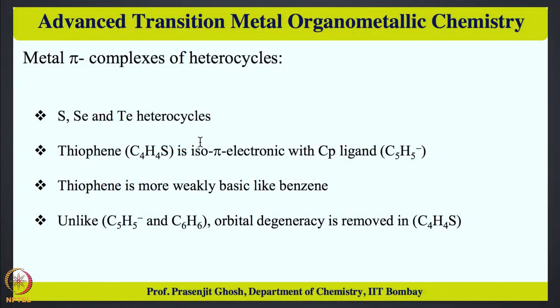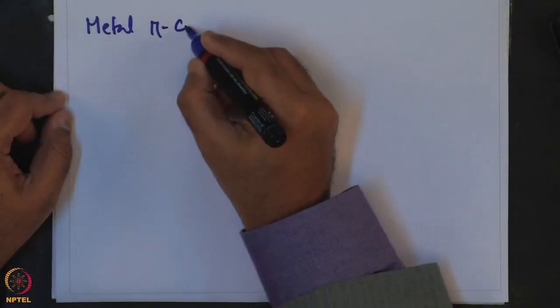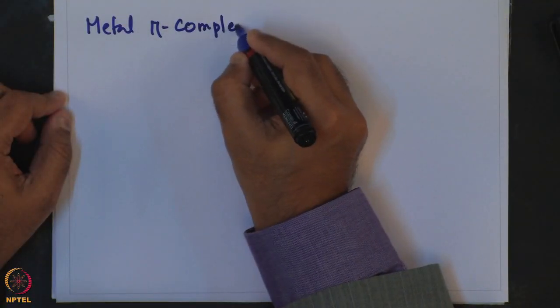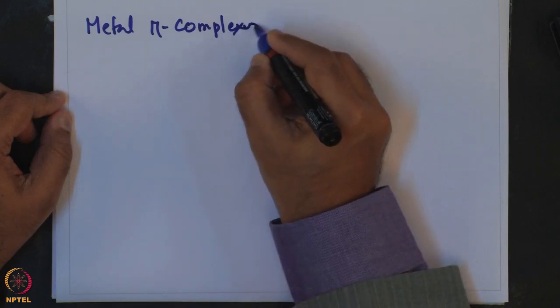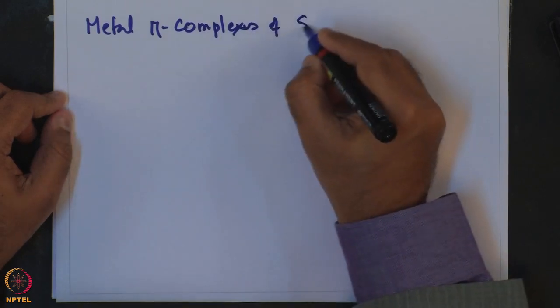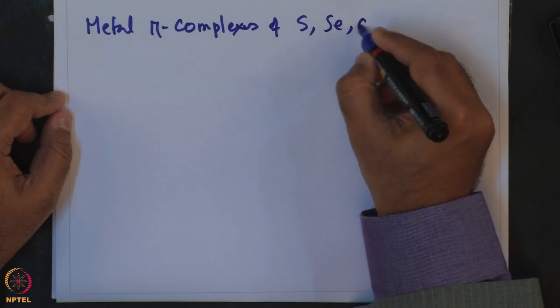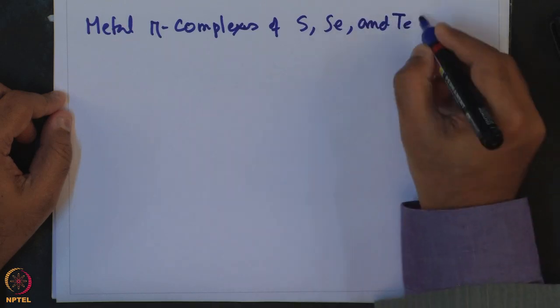To begin with, we are going to take up the heterocycles of sulfur, selenium and tellurium, and we are going to be talking about metal pi complexes of sulfur, selenium and tellurium heterocycles.